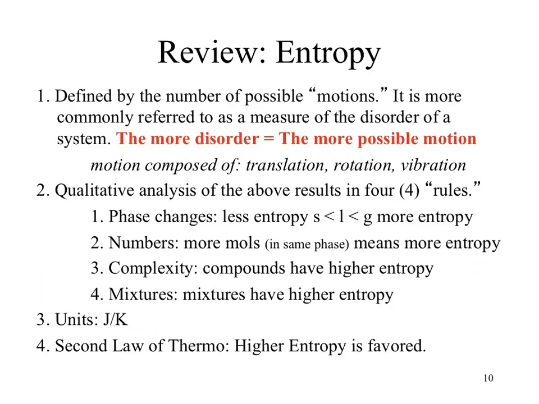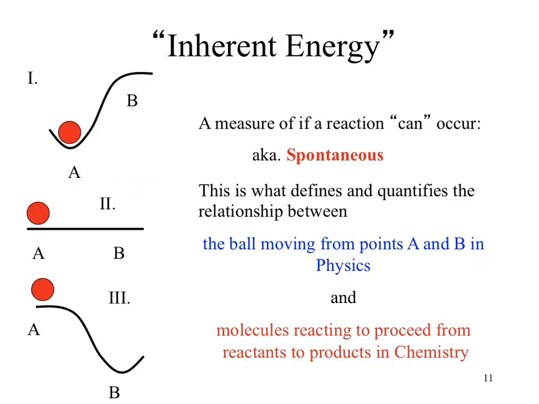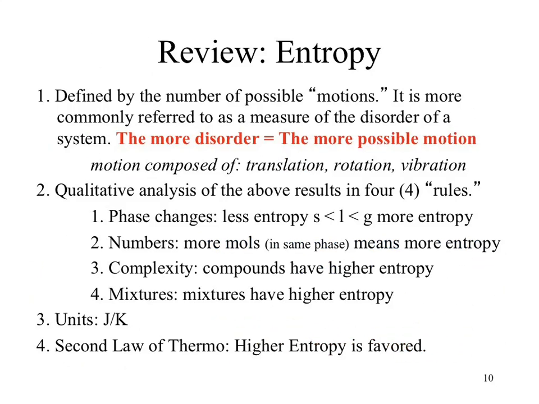When we look at entropy, we're looking at it being defined by the possible motions. The more disorder, the more motion. When people typically think of entropy, they think it's a measure of disorder. Disorder is kind of an odd term.